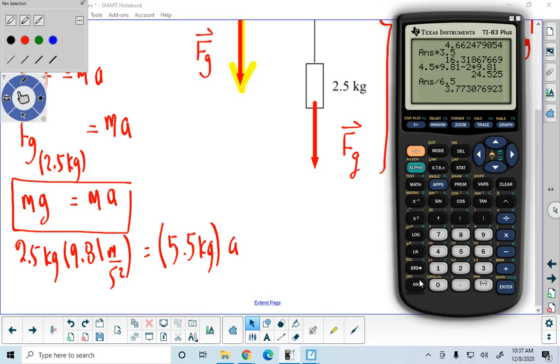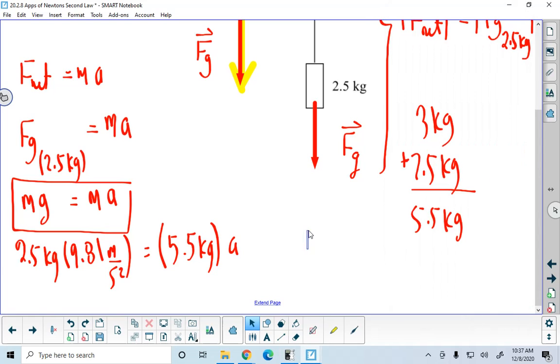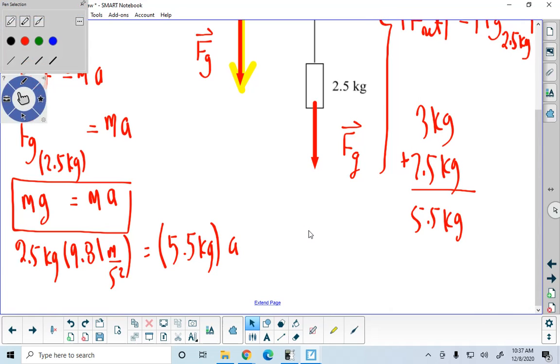So we have to figure out what this is. I'm going to take 2.5 times 9.81 and divide by 5.5. So do you also get 4.5 meters per second squared? Okay, so the acceleration of the system has a magnitude of 4.5 meters per second squared.